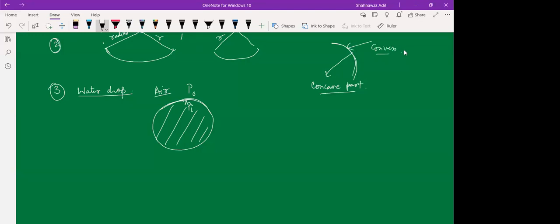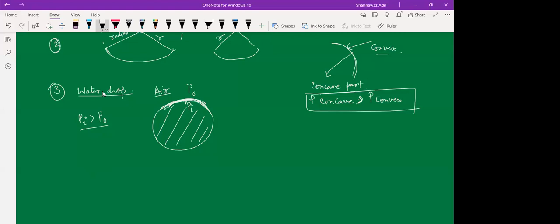We saw that the concave side always has the greater pressure than the convex one. We learned this in the previous class. So P inside would be greater than P outside, because this is the concave part and this is the convex part.